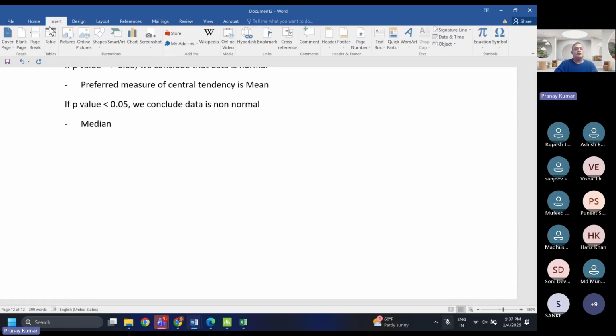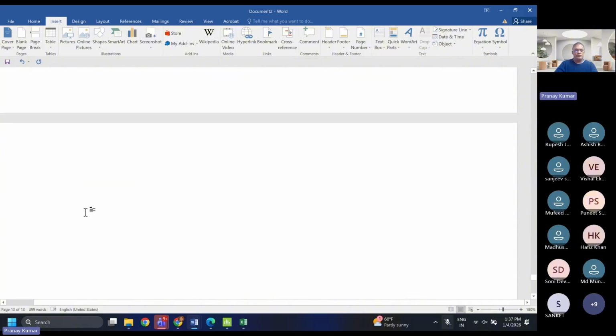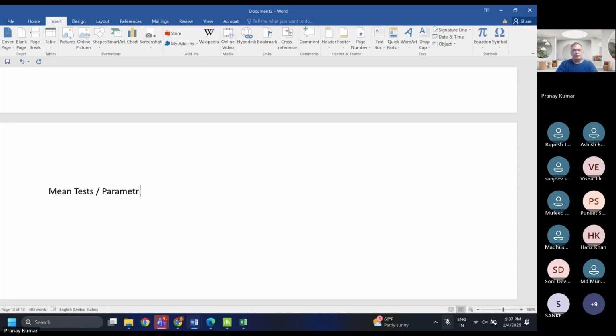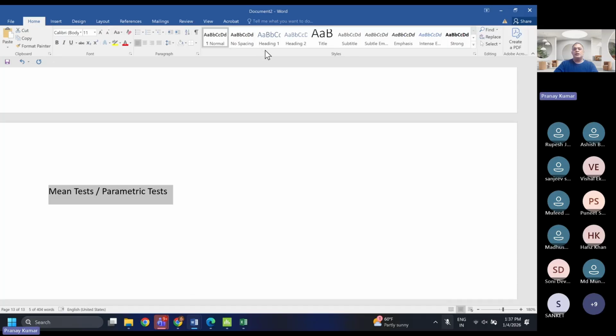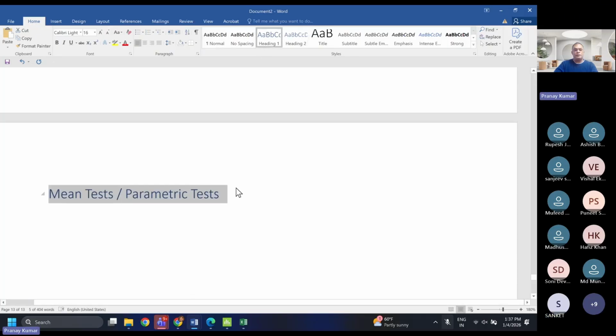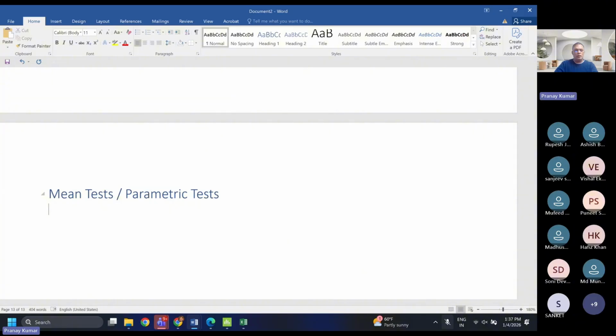Let's start with the mean test, also referred to as the parametric test. I'm saying these are three tests that we will use. One referred to as one sample t test.